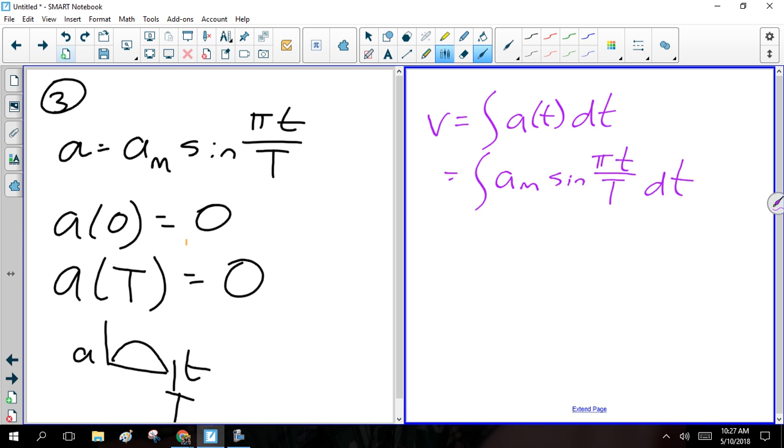Because derivative of cosine is negative sine. This should be negative cosine. What's wrong, Josh? Nothing. You sure? I'm tired. So, okay, so you understand why? So I'm going to have negative a max cosine of pi t over period. You said the derivative of sine was negative cosine. Oh, I'm sorry, I meant integral. Sorry, I misspoke. My bad.